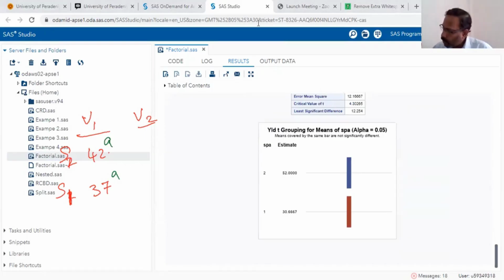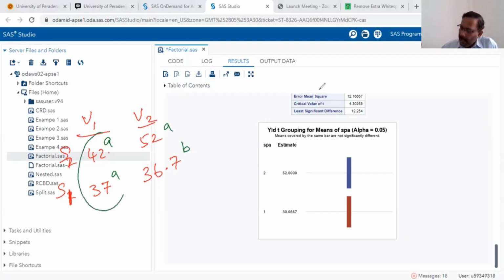For variety 2, spacing 2 has the higher mean yield at 52. Spacing 1 has an average yield of 36.7. So these are two different spacings in terms of producing the yield for variety 2.